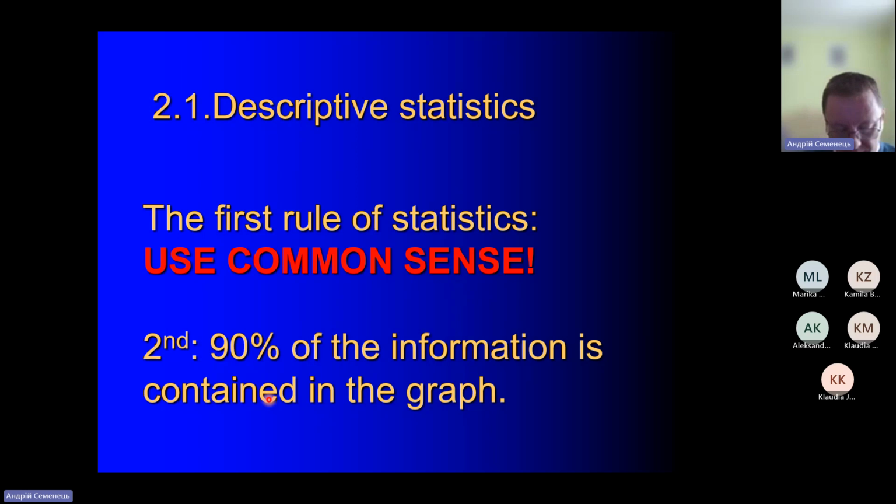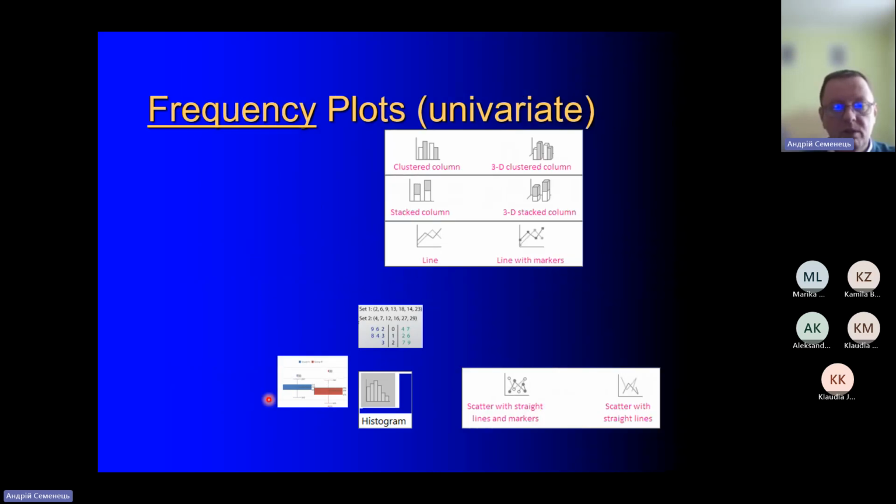Okay, second case, usually before we start analysis, it's a good idea to visualize our data, and maybe we'll get insights. Usually it helps to obtain some insights from visual information.